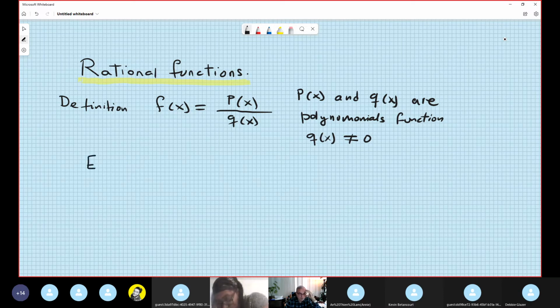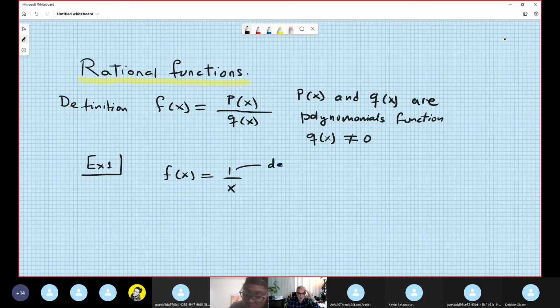Example 1 is f of x equals 1 over x. This is elementary. 1 is a polynomial, yes, degree 0, no x. And x is a polynomial, yes, degree 1.